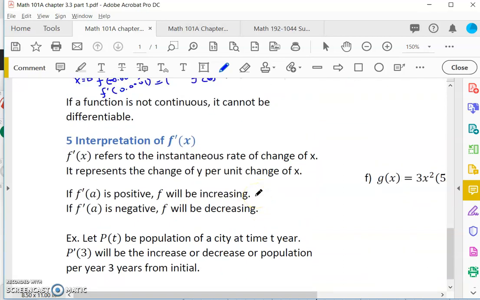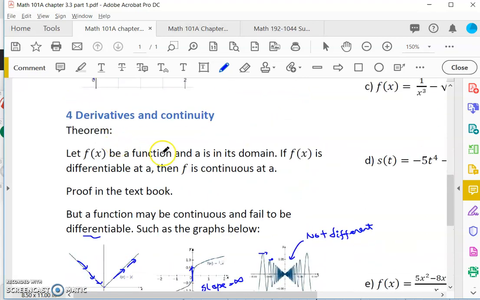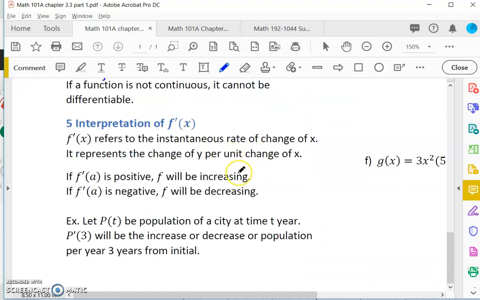The last thing we want to talk about is some interpretation of f prime of x. When we draw f prime of x from a graph, it is the slope, right? And when f prime is going in the positive direction, so if you have a graph like that, this is the tangent line slope, this is the positive slope.